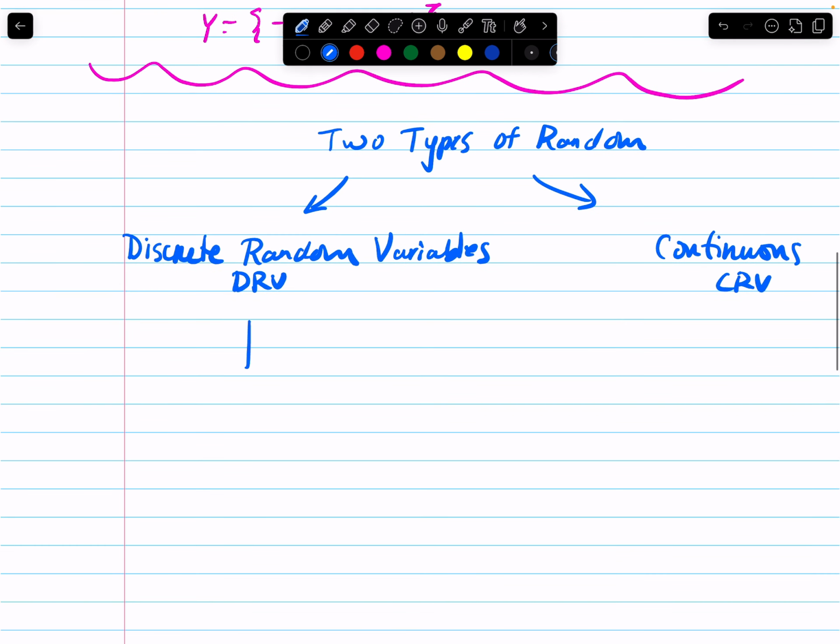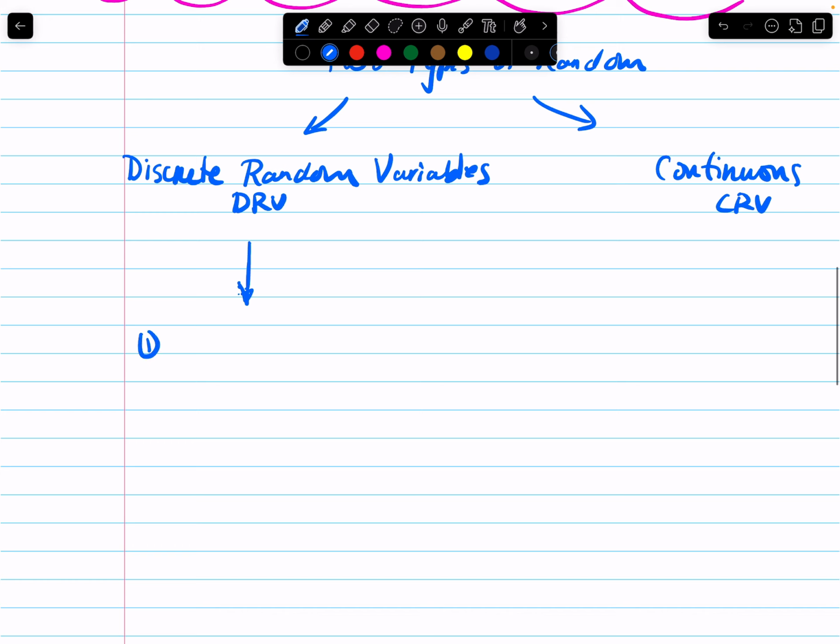So what makes it a discrete random variable versus the continuous? Well, first of all, if the possible outcomes are finite, so if your random variable is finite, so for example, the ones we saw above, if we have x1, x2, some finite number of outcomes, then that's discrete.